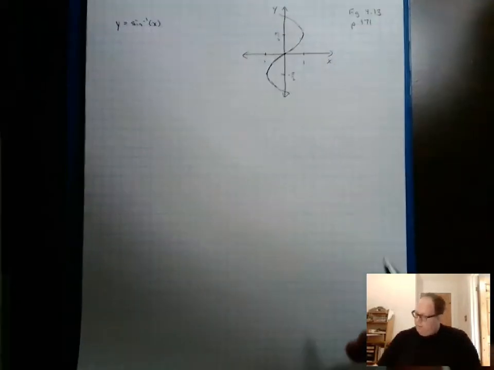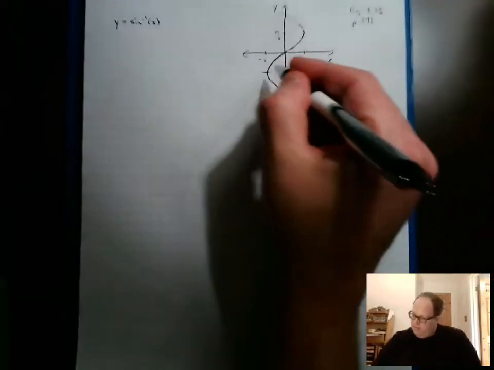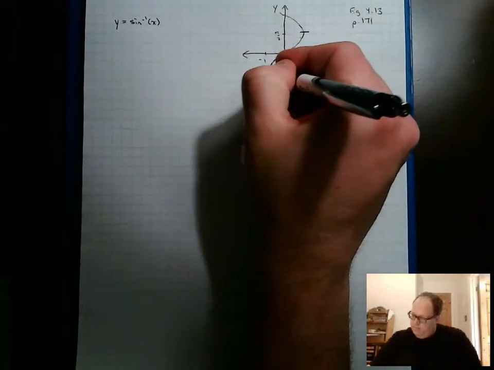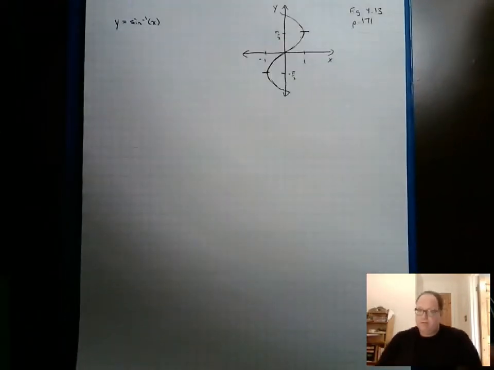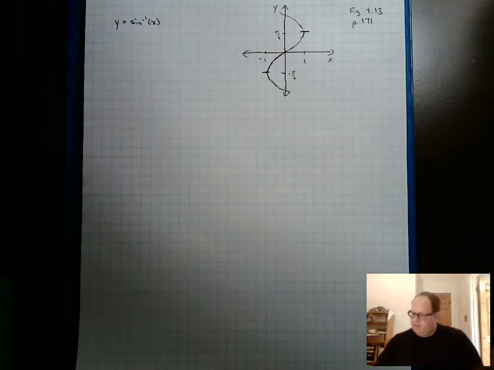So for our purposes, we have to restrict ourselves to this section of the graph, as is also outlined in that figure in the textbook. So our x values also have to be restricted to be between negative 1 and 1. So we have a couple of restrictions on domain and range when we talk about things like inverse sine of x, inverse cos of x, and that sort of thing.